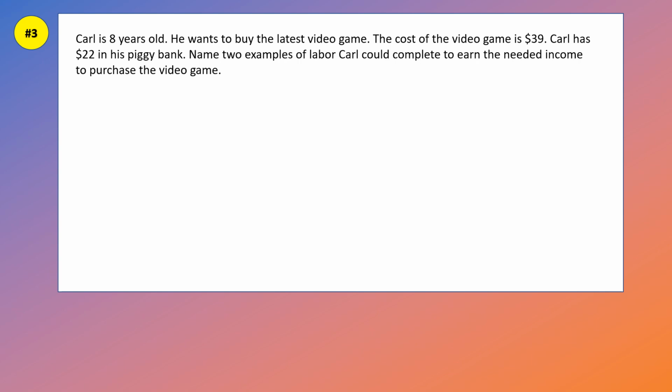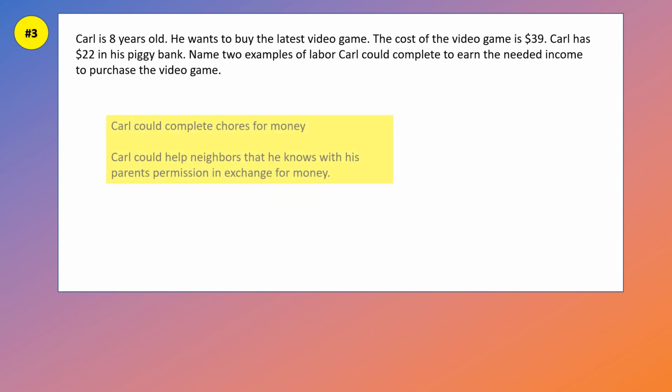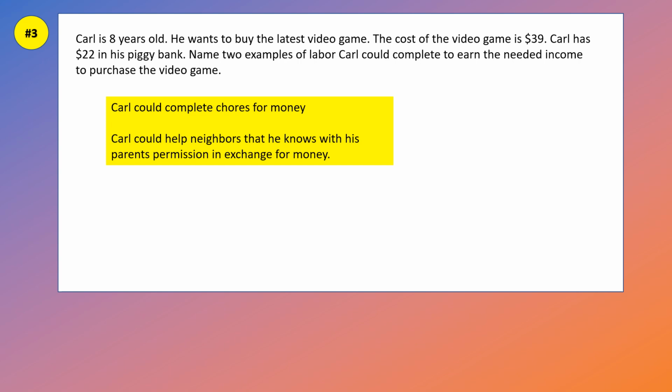Okay, so as a kid, you don't have a lot of options, but you do have some. I said that Carl could complete chores for money, or Carl could help neighbors that he knows with his parents' permission in exchange for money. Now, this might be a really good question to ask your parents for suggestions about the things that a kid about 8 years old could do to earn an income, to save money to buy things that you might want.